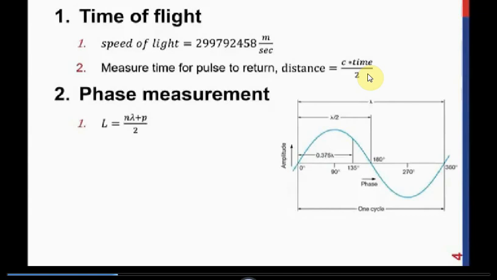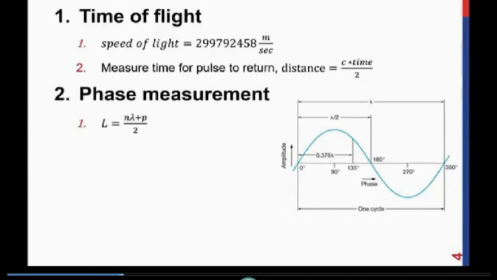The next method is phase measurement. Here we can measure the number of wavelengths from the starting point to the end point, that is the number of wavelengths from the electronic distance measurement device to the reflector.